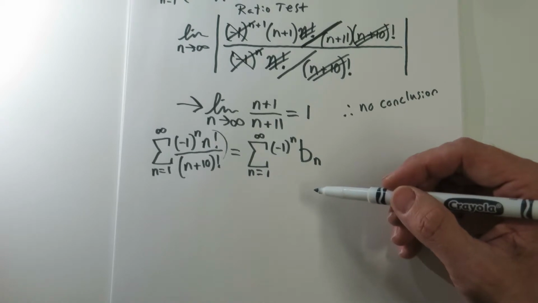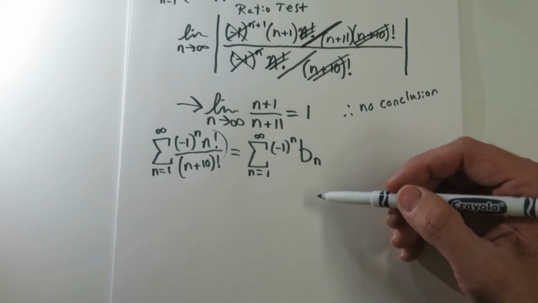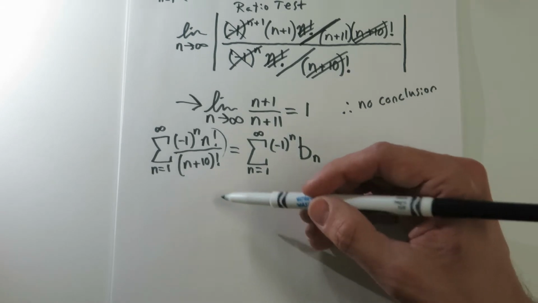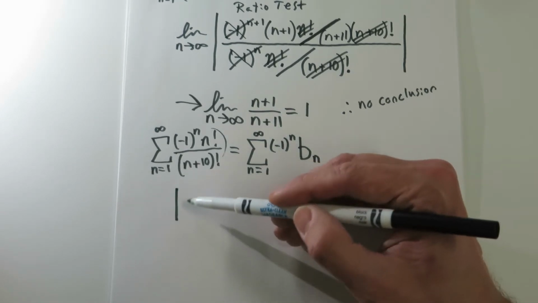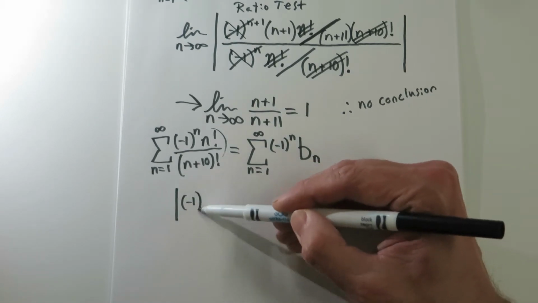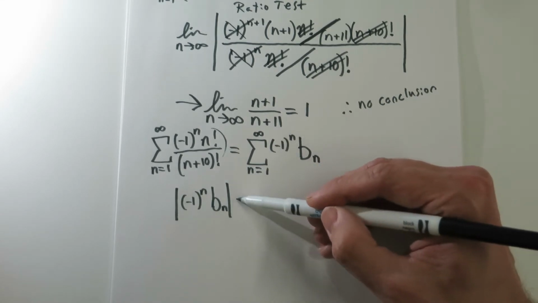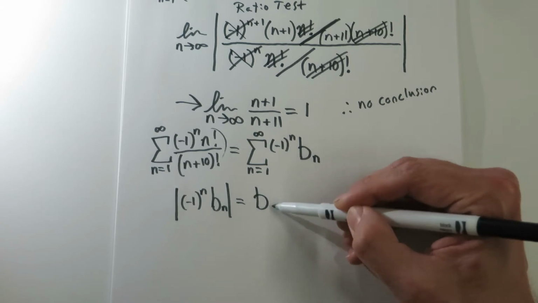So if we test the absolute value of this, we're just going to get b sub n. So let's go ahead and do that here. We have the absolute value of negative 1 to the n. That's just going to get us to b sub n.